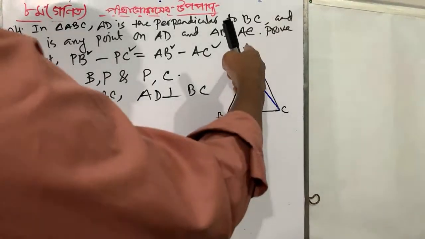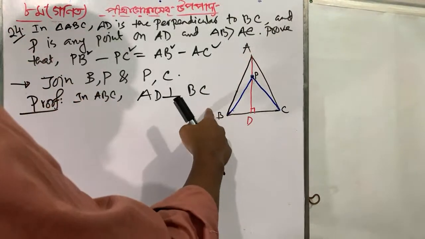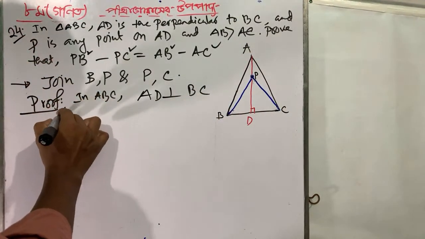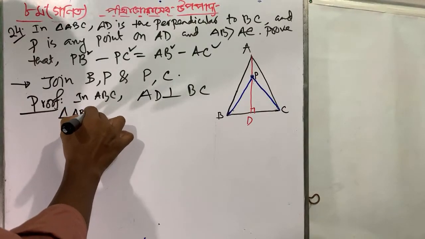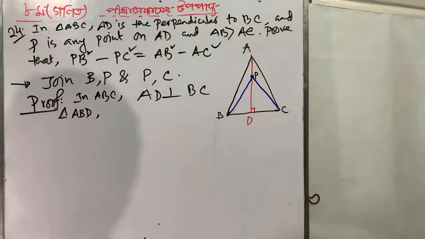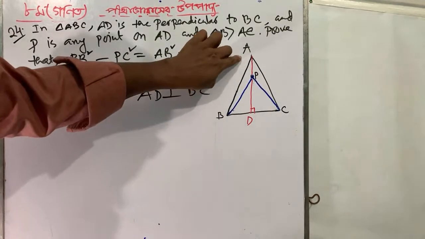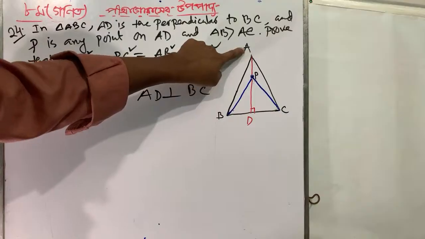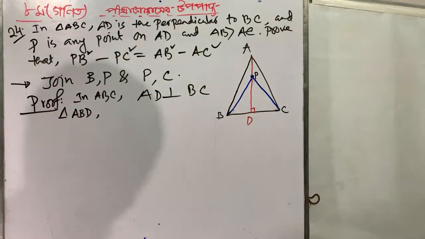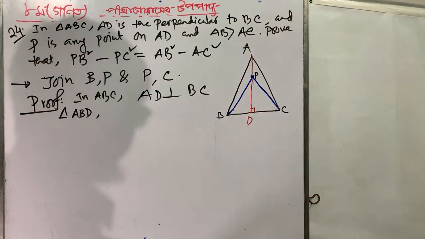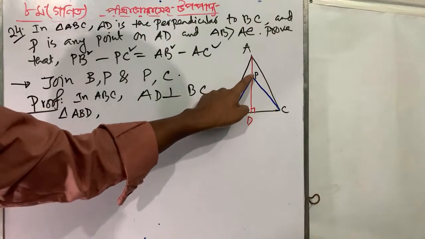So I take the first triangle, that is ABD, and then we have ACD, and then we have BPD.